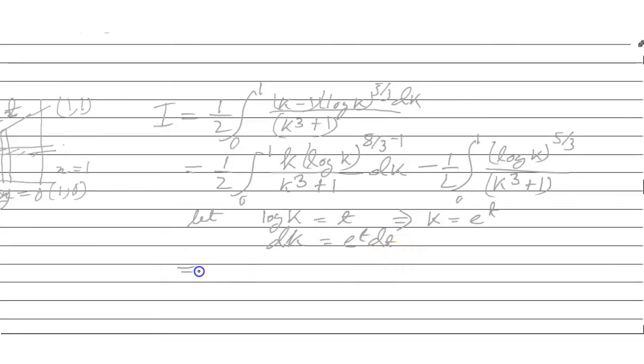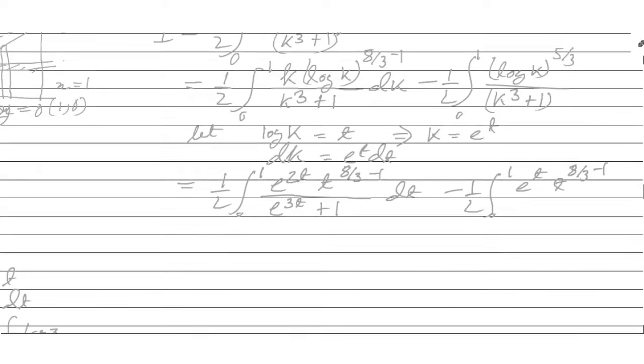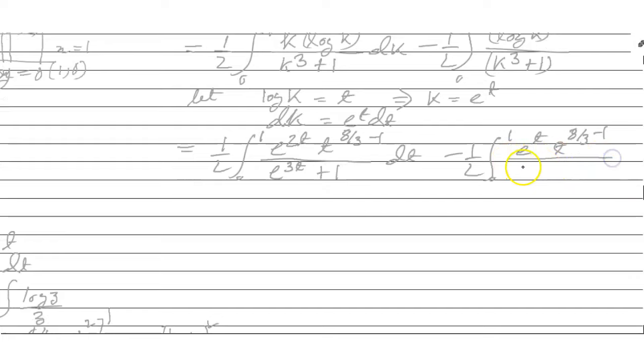So my given equation is half into 0 to 1 e to the power 2t into t to the power 8 by 3 minus 1 divided by e to the power 3t plus 1 into dt, minus half into 0 to 1 e to the power t into t to the power 8 by 3 minus 1 divided by e to the power 3t plus 1 into dt.